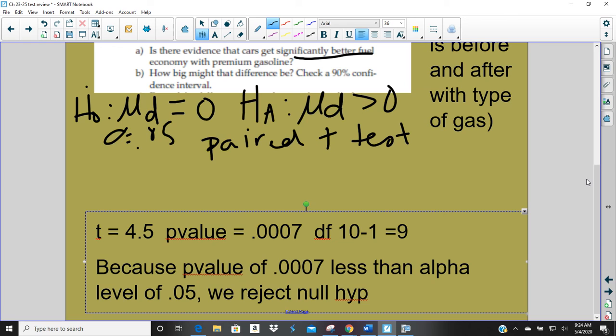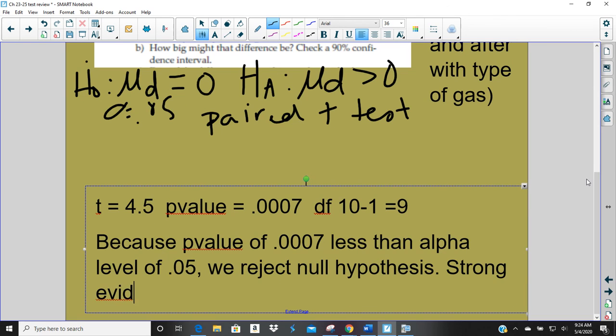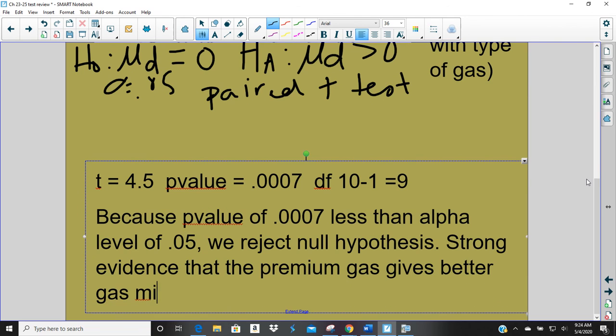There is strong evidence that premium gas gives better gas mileage than regular. And luckily that's the case, because we wouldn't really want to spend all that money if it did not. You guys have a great day.